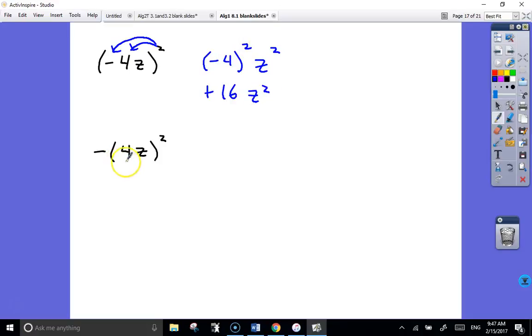But on the second one, because the negative is outside the parentheses, it's not being squared. So that's just -4 squared z squared, which is -16 z squared. So it makes a difference if the negative is included or not. We point it out because it's a source of common mistakes.